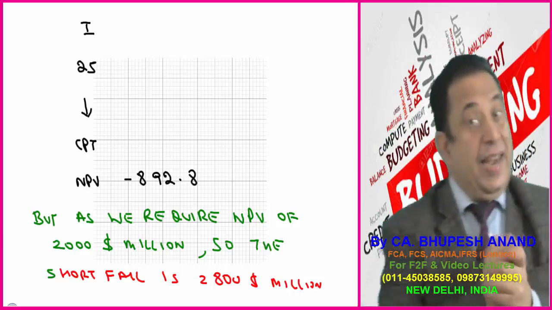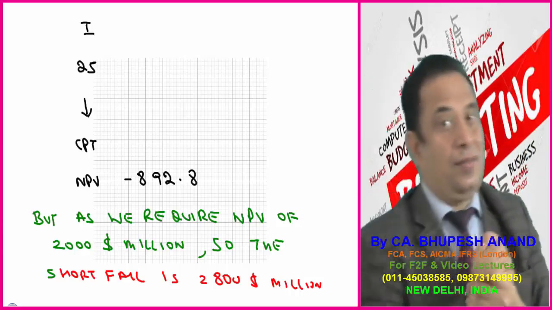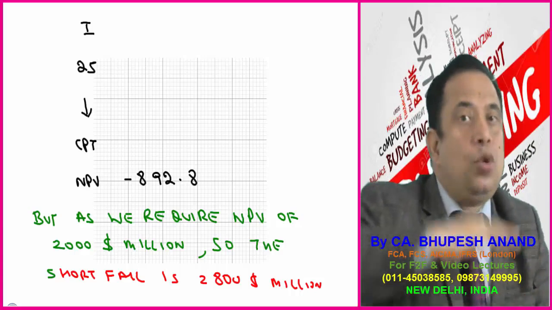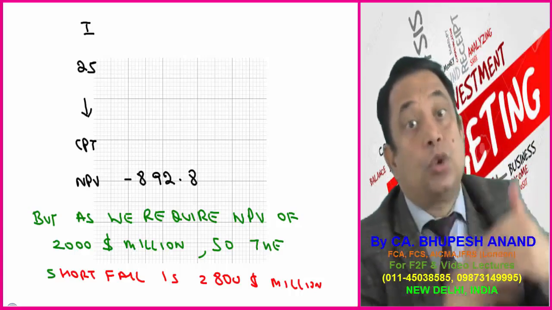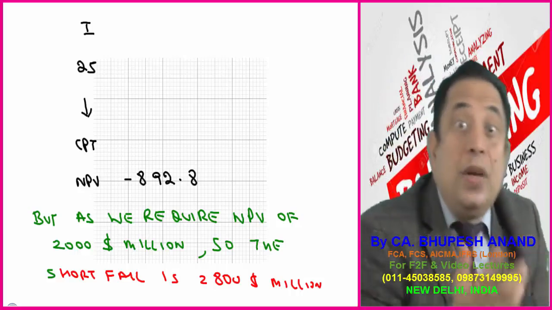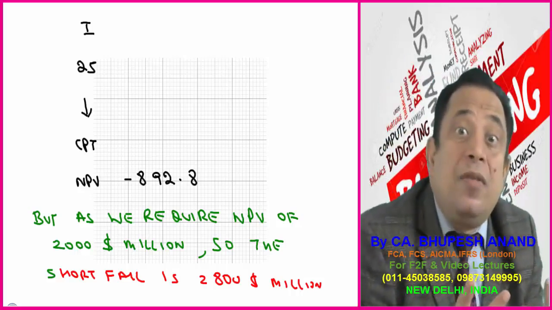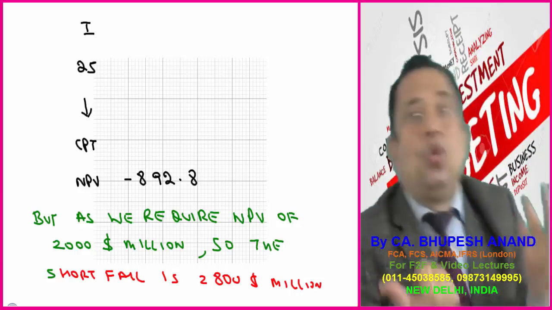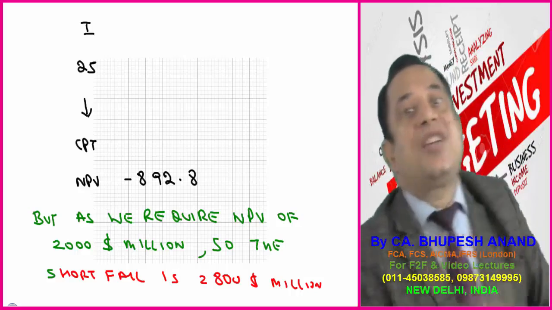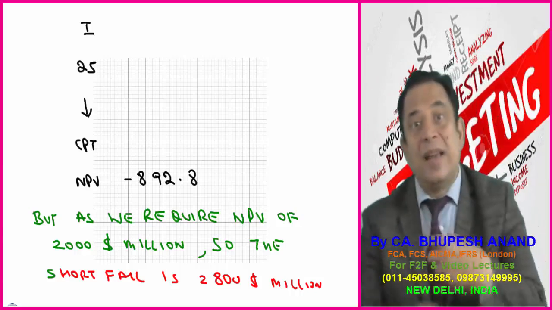But I need an NPV of 2000. So it means my NPV should increase by 2800. Then only the net result of NPV will be 2000, because now it is minus 892. So I will be increasing my cash inflow.